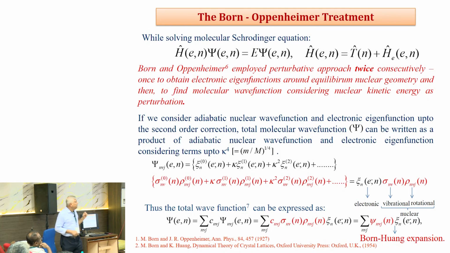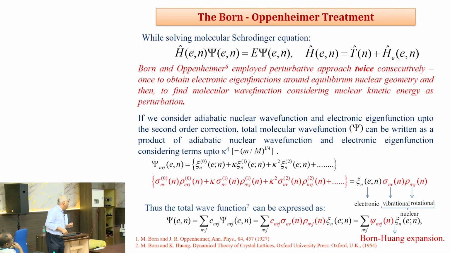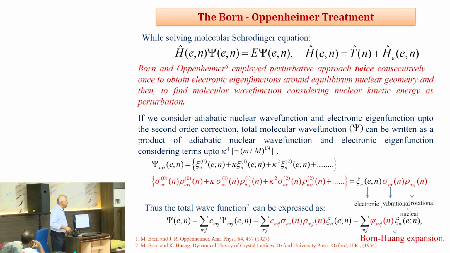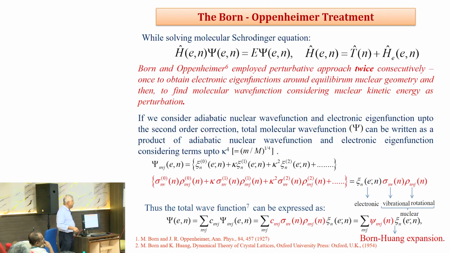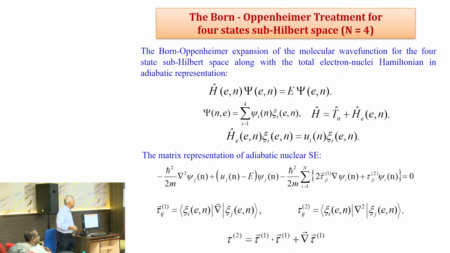So it means this n acts as a parameter, nuclear coordinate, and electronic eigenfunction multiplied by the nuclear wave function, and then you can write over the entire Hilbert space, and that is what is called the Born-Huang expansion. And now I will go very fast.